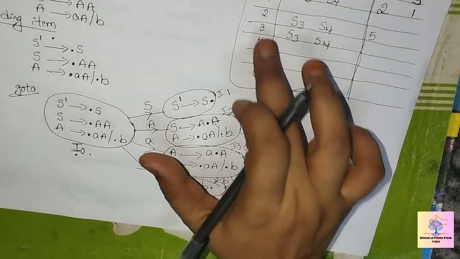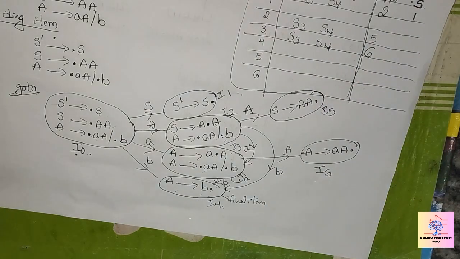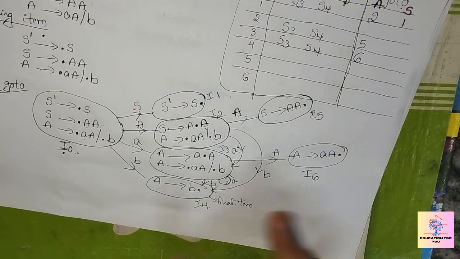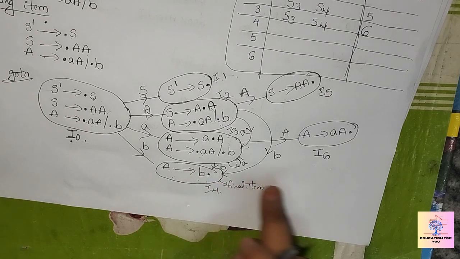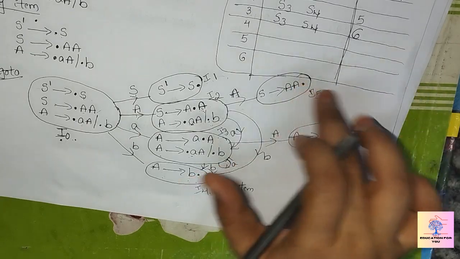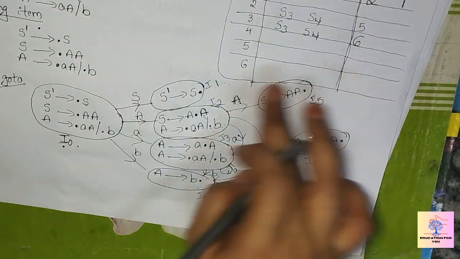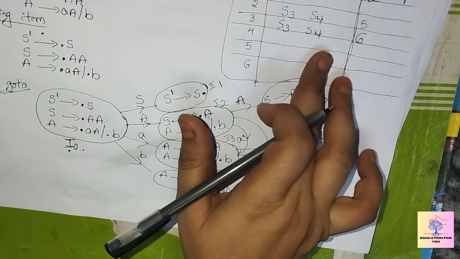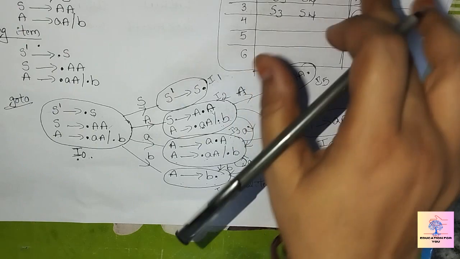I6, that is from 3 to capital A you are getting the 6th state. Now from 4, did you get any states? No. From 5 there is no state you are getting. From 6 there are no states you are getting. Okay, so now shift is over and you have to find out the states also here in the goto column.